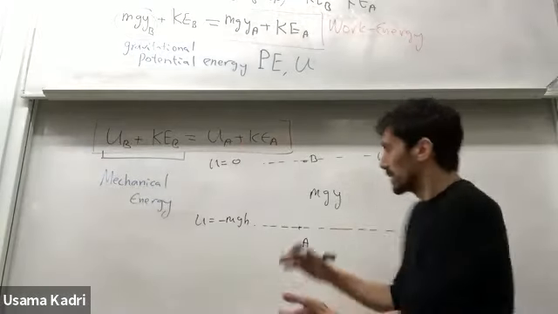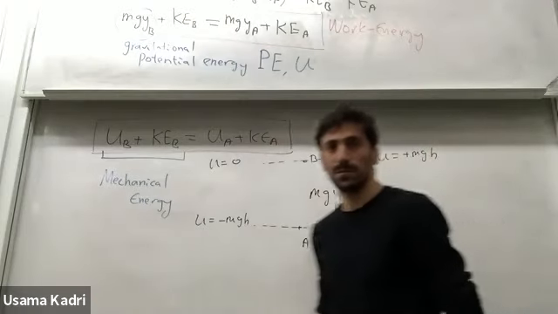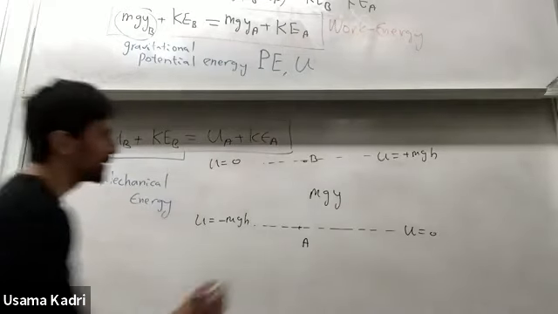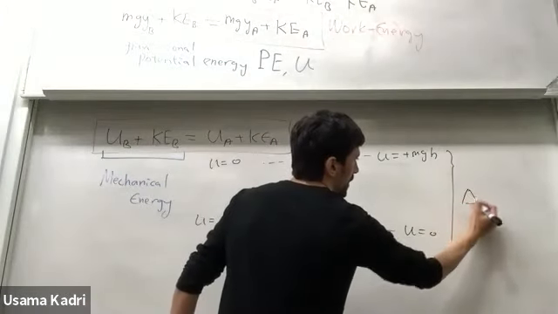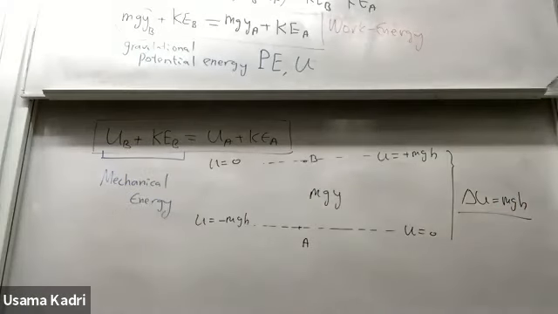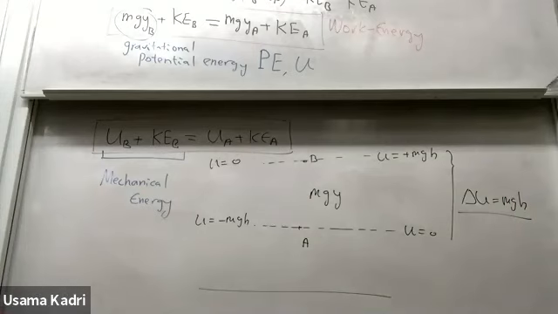The difference in the potential is always mgh. It doesn't matter at which location. So delta u is mgh. Right? And you can decide to have it down here. It doesn't matter. Same thing.